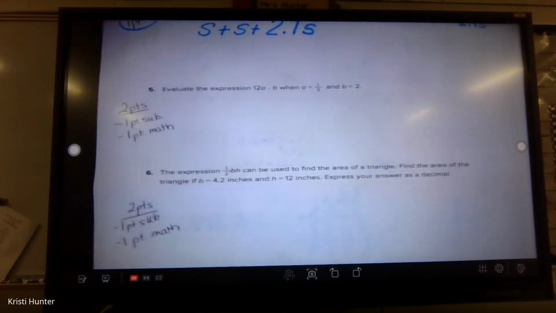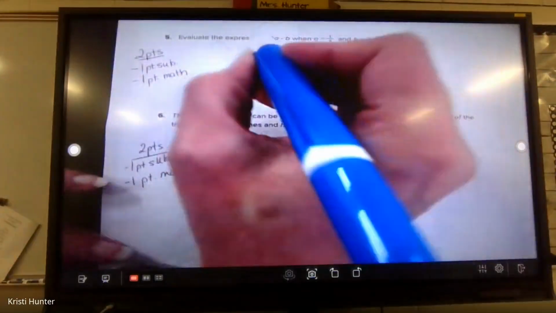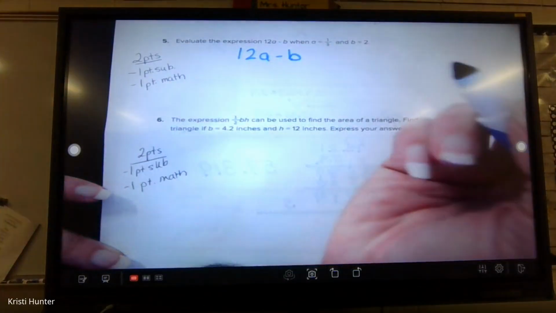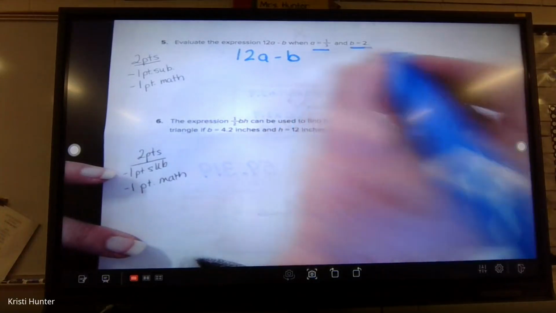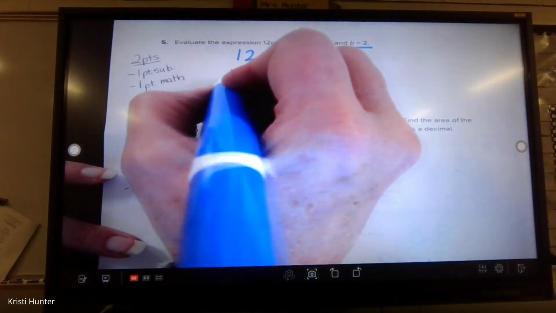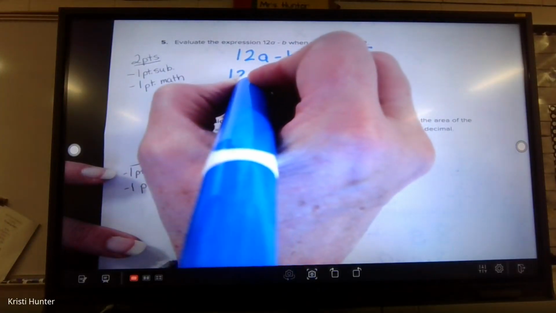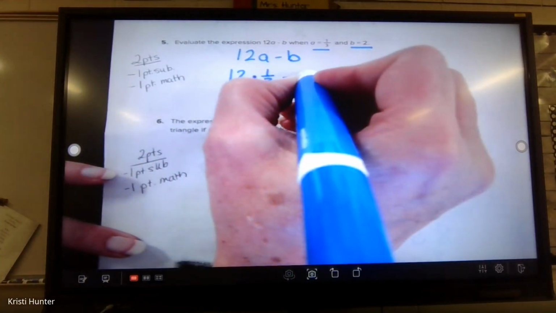Number 5 and 6, these are both very similar. They involve substitution and evaluating for the variables. So here's my equation, 12a minus b, and I'm supposed to evaluate it when a is 1/3 and b is 2. So remember, anytime my variable sits next to my number, it's a multiplication, and then I'm going to minus 2.